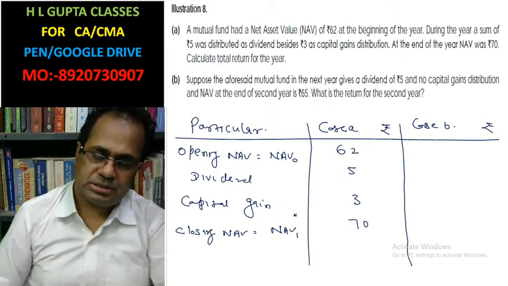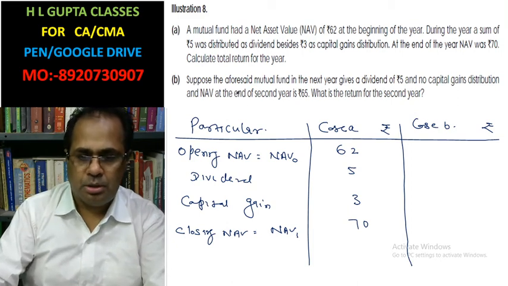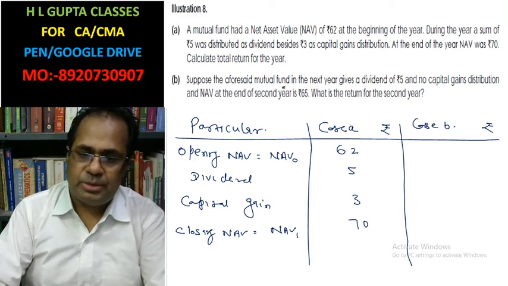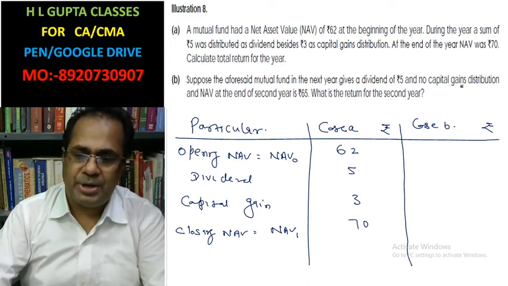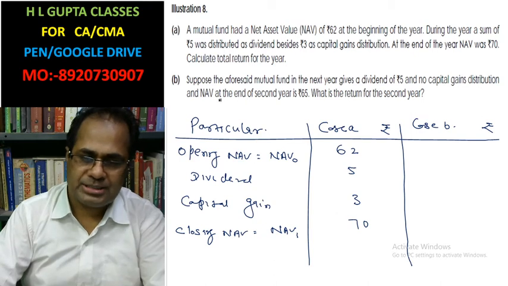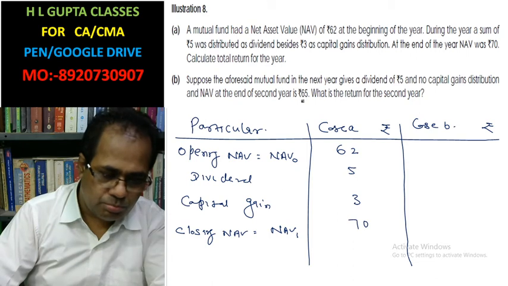Similarly, we can see the second part, case B. Suppose the aforesaid mutual fund, the next year, gives a dividend of rupees 5 and no capital gain distribution, and the net asset value at the end is 65.